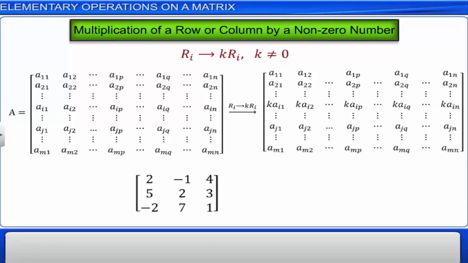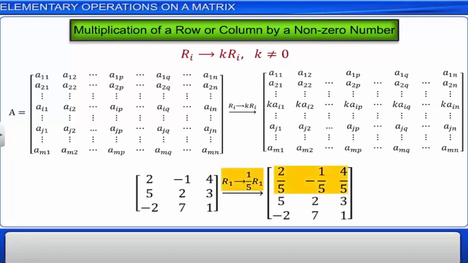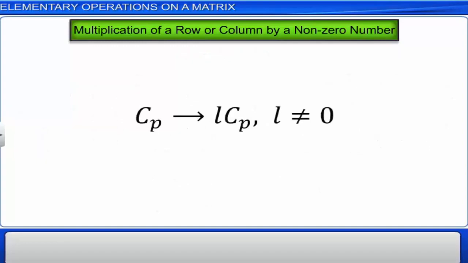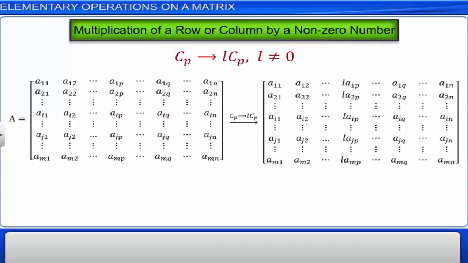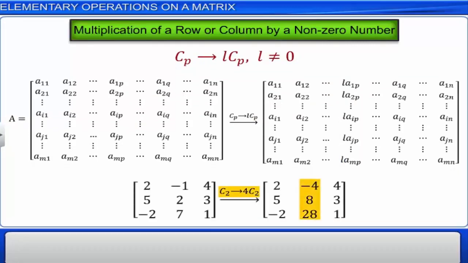An example of a matrix whose first row is multiplied with 1 divided by 5 is shown here. If we multiply the pth column with a non-zero element L, then the resulting matrix is as shown. A matrix whose second column is multiplied by 4 is shown here.